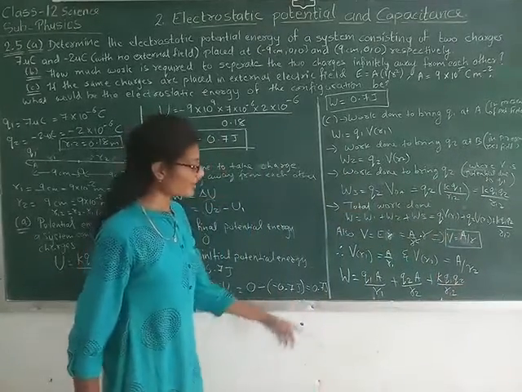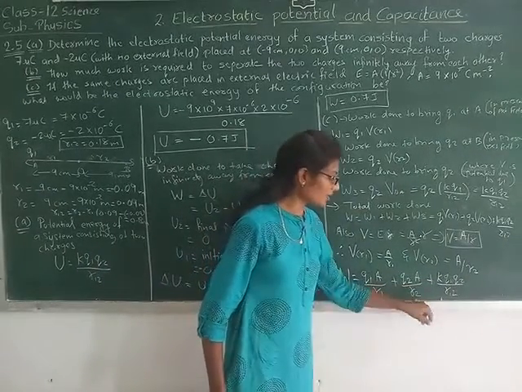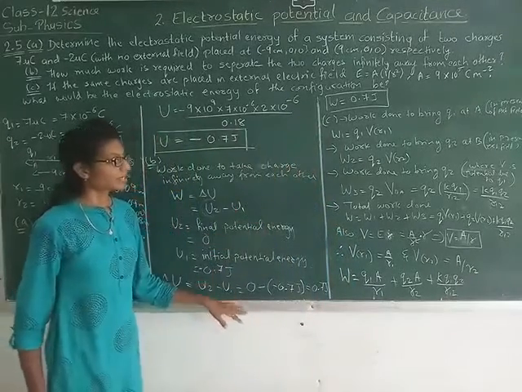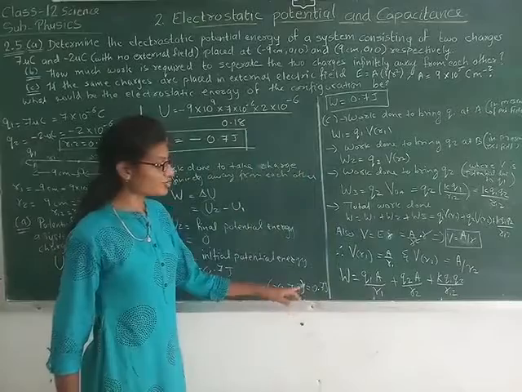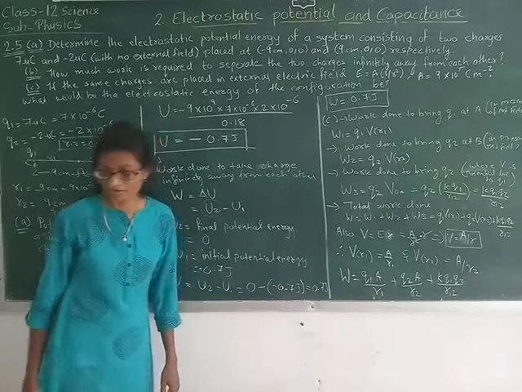Now we will substitute the values of Q1, Q2, A, and find the electrostatic potential energy.